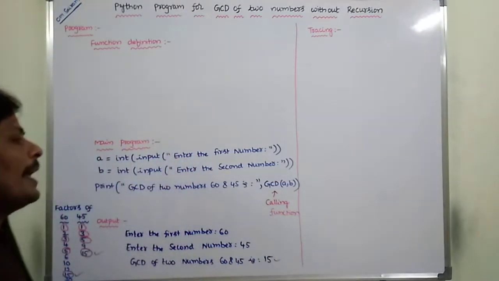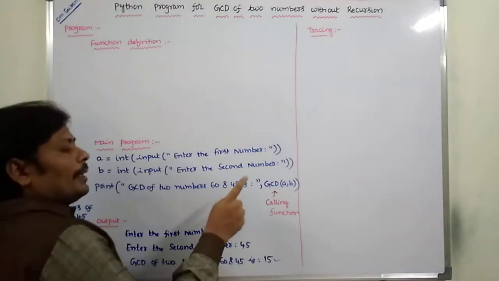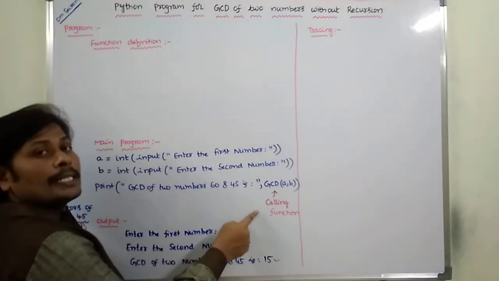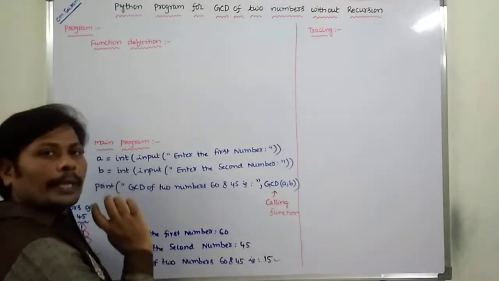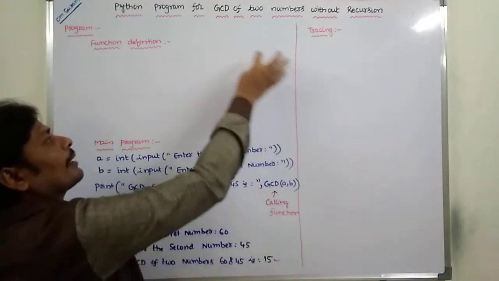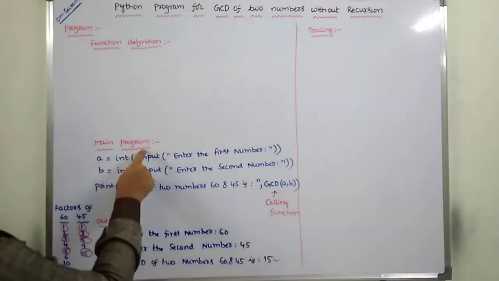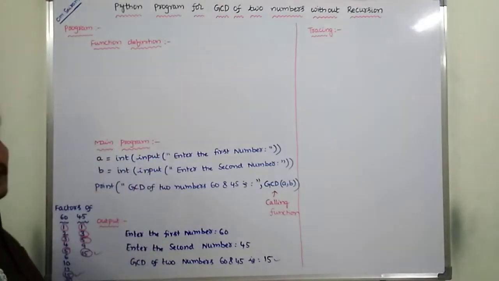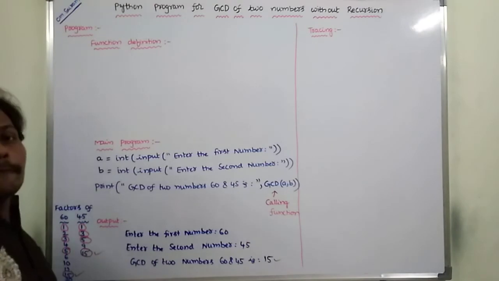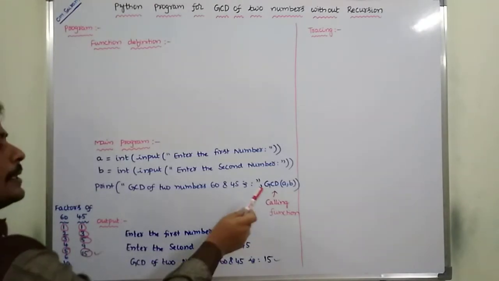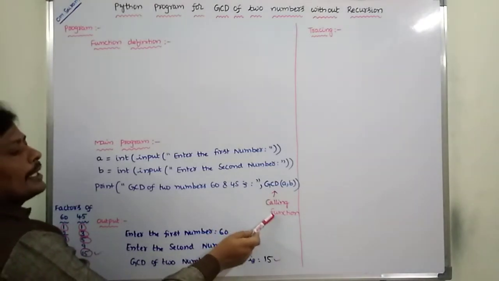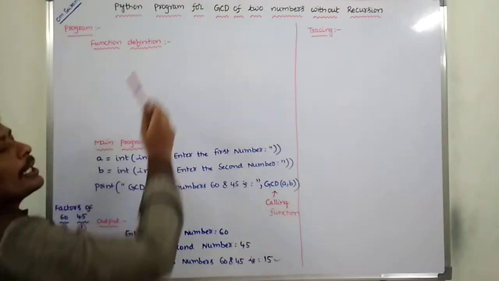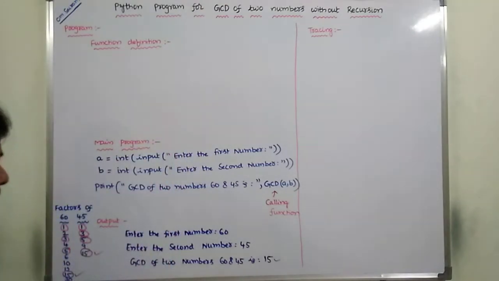Whenever a function is called in the main program, the control is transferred from the main program to the subprogram. This is called a subprogram, and it is also called the function definition. So this is the calling function, then it goes to the called function or function definition.